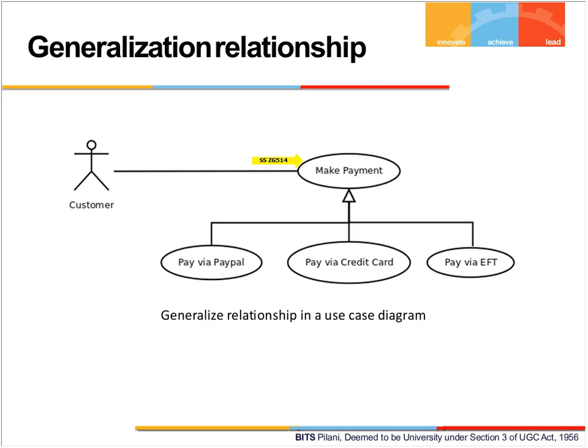So this is my super class. Effectively, these sub use cases will be the ones which will be realized. Here we can say that any of the child use cases can in practice replace the main use case. So my customer can use the system to make payments, but he would make payments through use case 1 or 2 or 3.